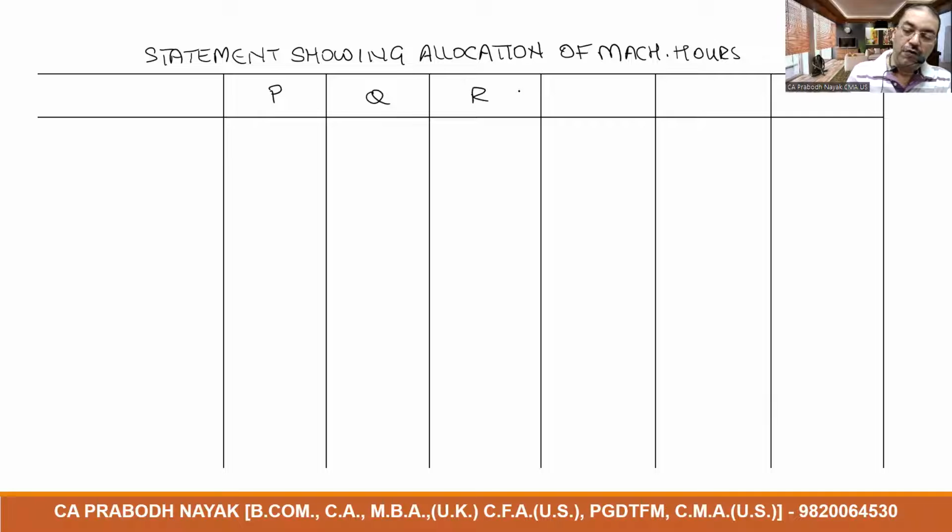Four products, P, Q, R, S. Here I will show machine utilization.